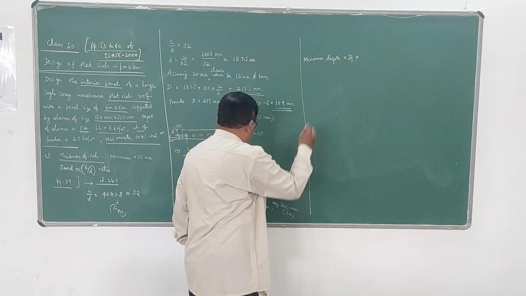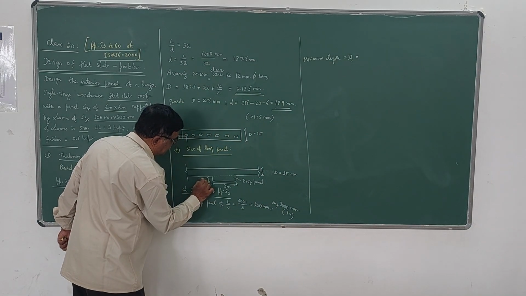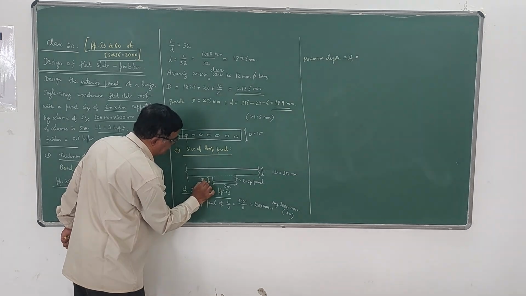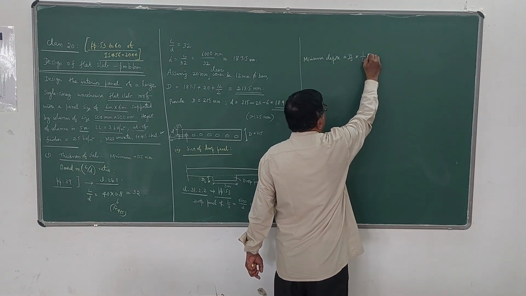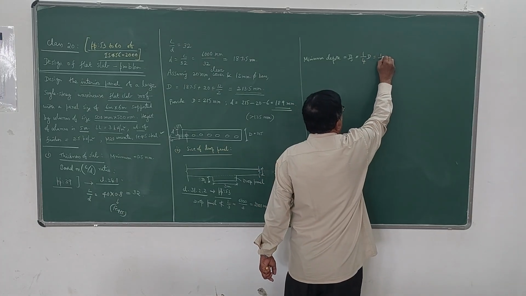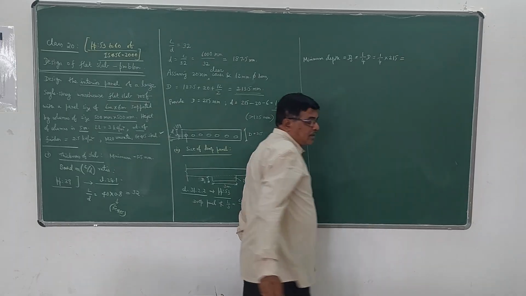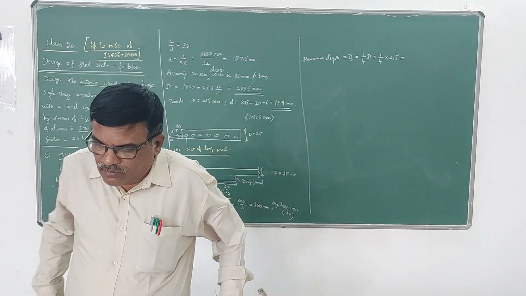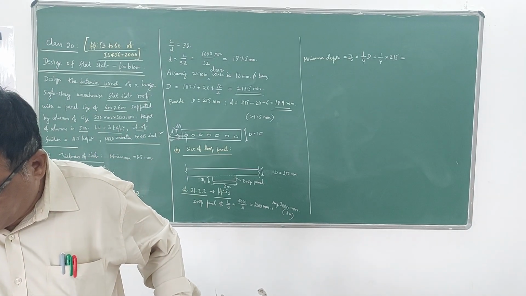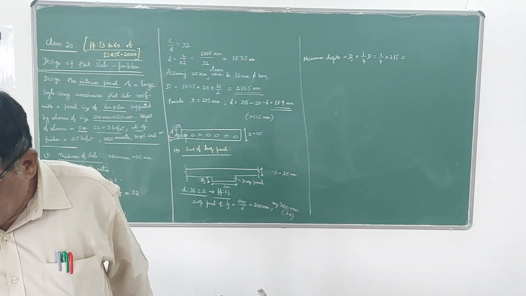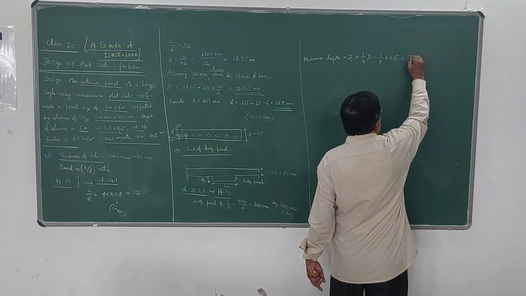This is your drop panel, and I can take the drop panel thickness as ds. So ds is 1/4 of d, which is 1/4 of 215. What is the value? 1/4 of 215 is 53.75, correct? That is the minimum depth.